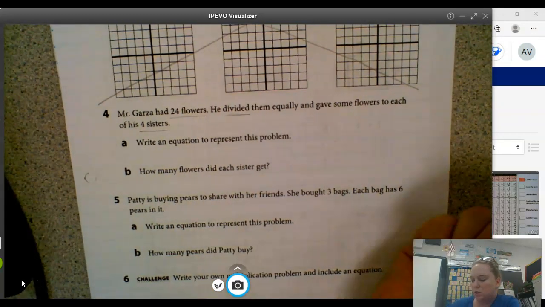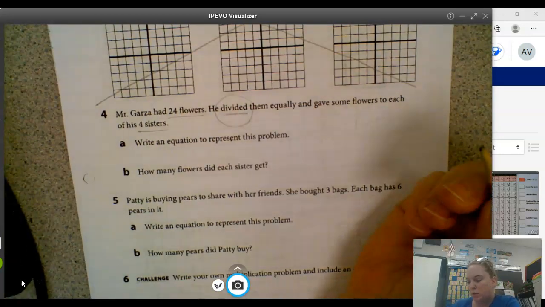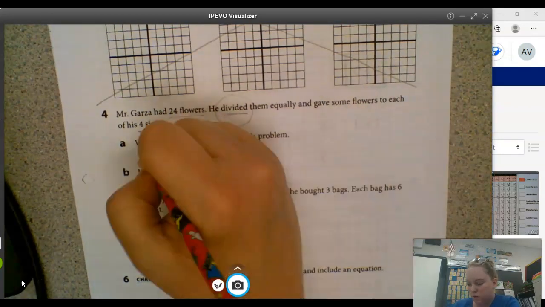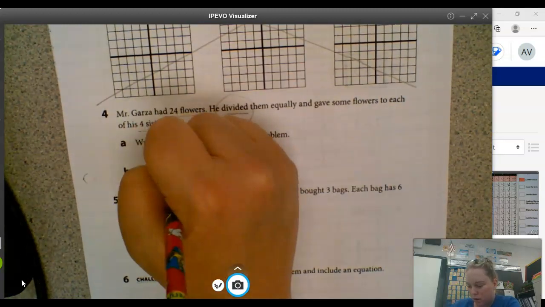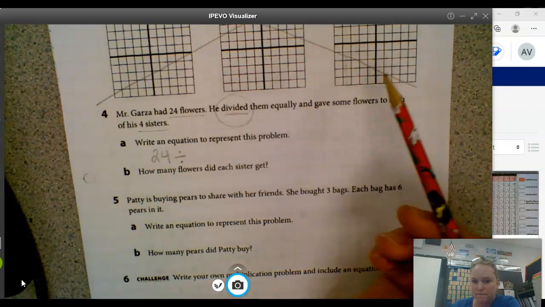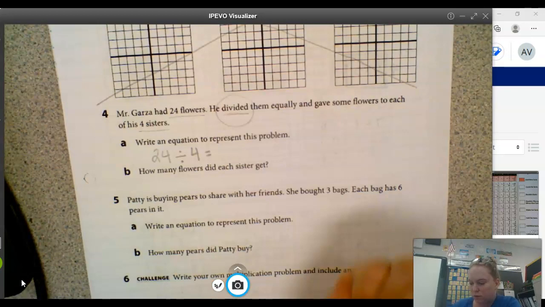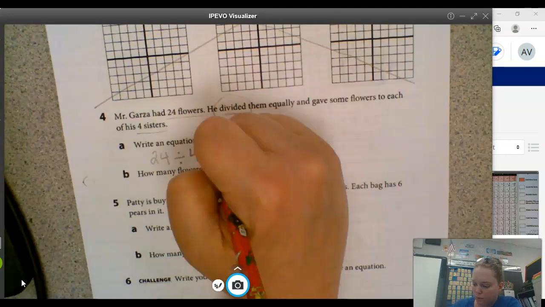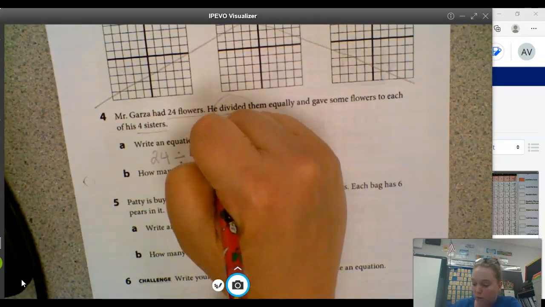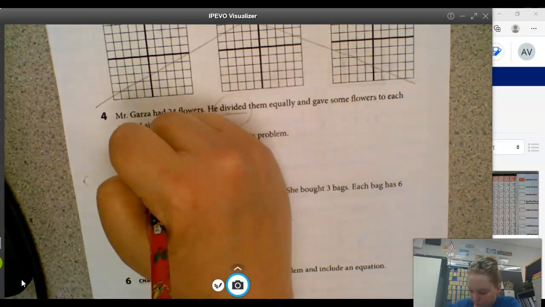Okay, the equation, I'm pretty sure it's a division. So what did we divide? We divided 24 flowers. 24 divided into how many groups? Into 4 groups. So you've got to figure that out. We do not know the answer yet, so we will put F for flowers.